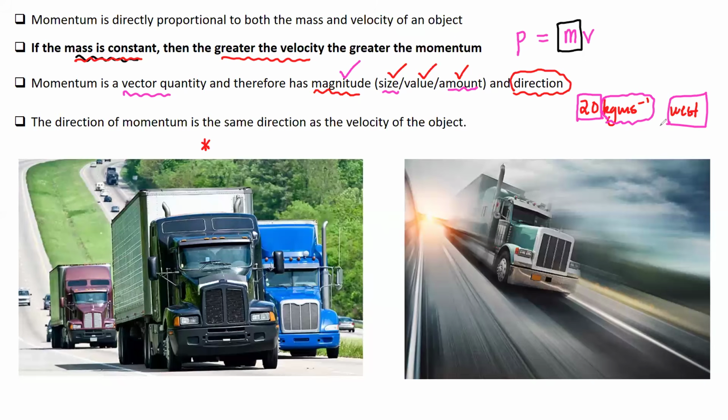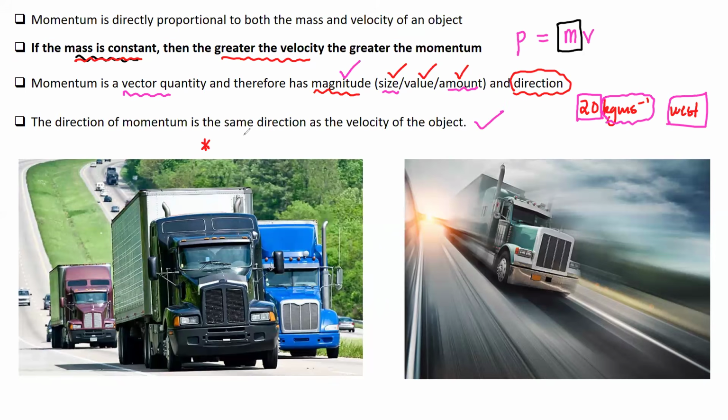And while we're at it, it's important to notice the direction of momentum: west, north, south, right, left. The direction of momentum is the same as the direction of the velocity of the object. This is my third point.